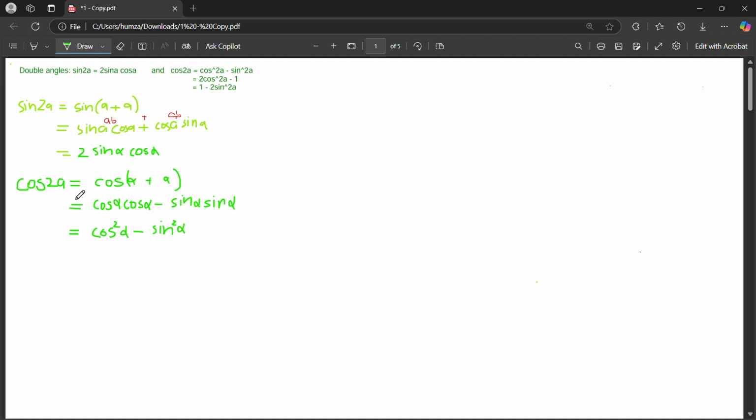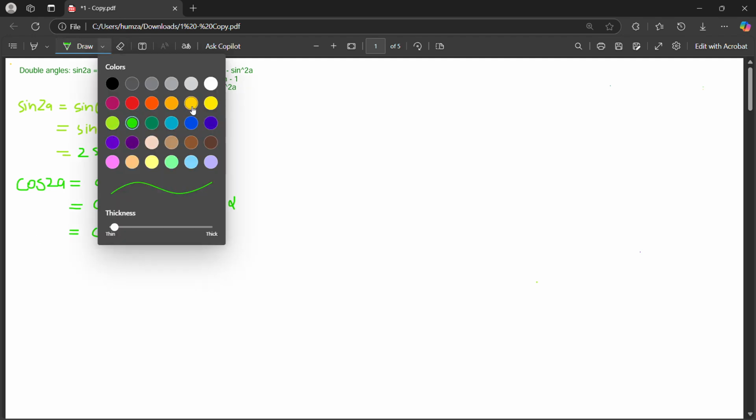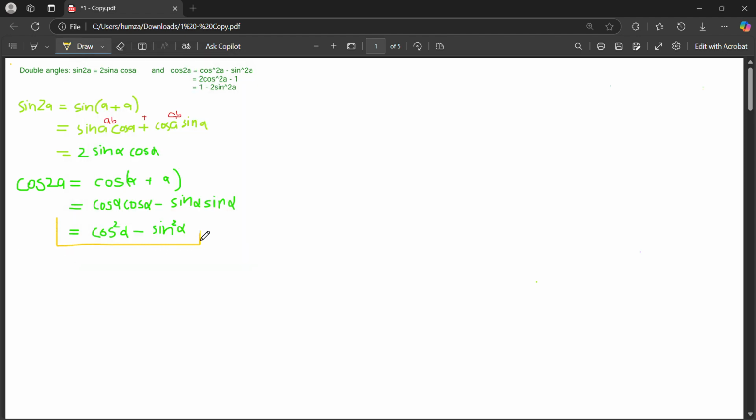Now we are going to use this to get to the other one, so let's highlight it first. Right, you will find this cos 2a equals cos squared a minus sin squared a in the formula sheet given like this. Now we are going to use this to find the other two.